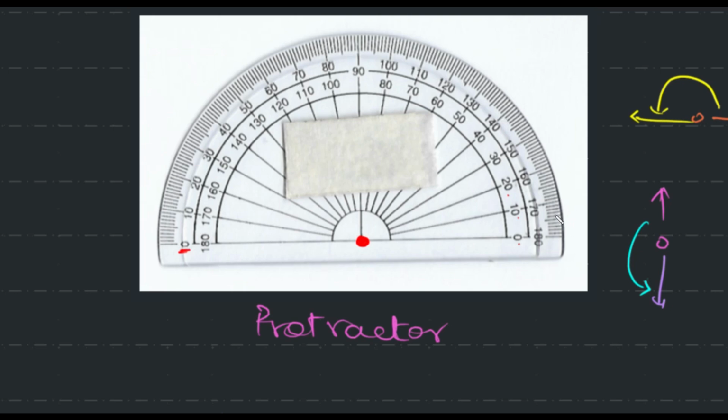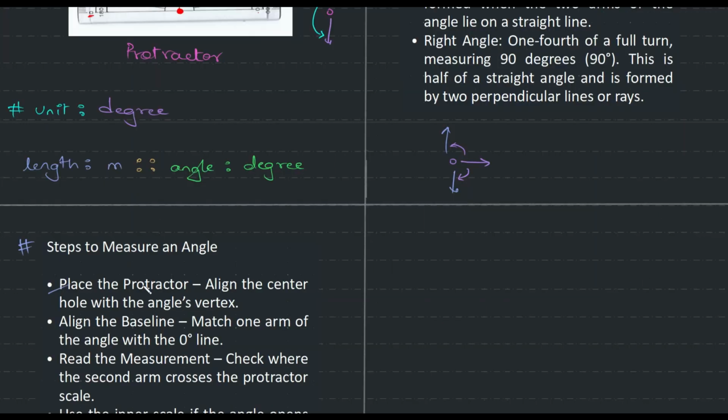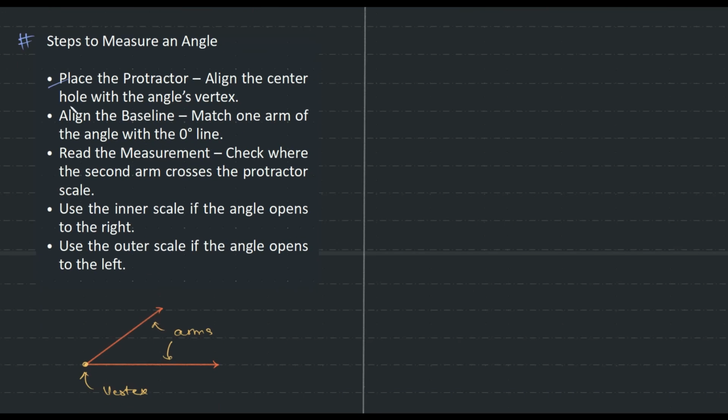So it's going both ways. When to use this set of values and when to use the outer set, we'll understand. But you need to know that the values are there at both ends.